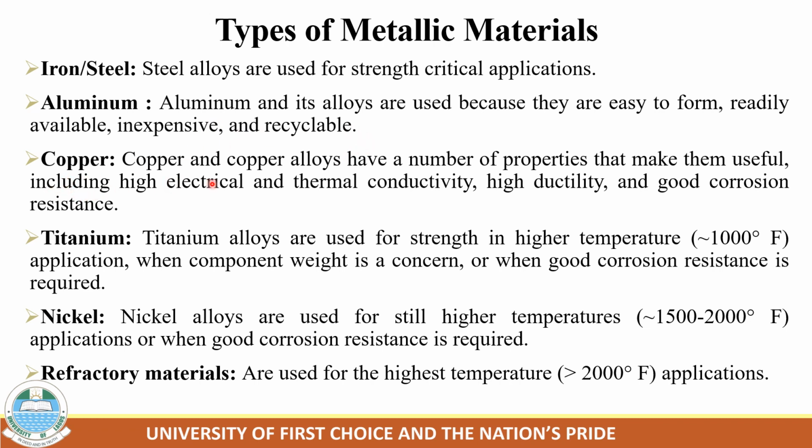Copper and copper alloys have a number of properties that make them useful, including high electrical and thermal conductivities and good corrosion resistance. Titanium, nickel, and refractory materials are used for high temperature applications. They use refractory material to make ovens and all the equipment that generates heat. Nickel alloys are used for still higher temperatures.